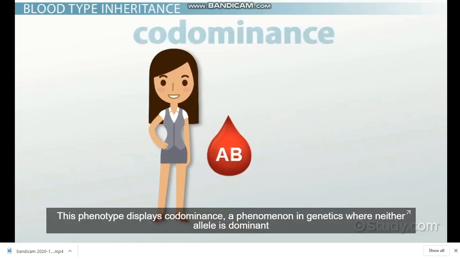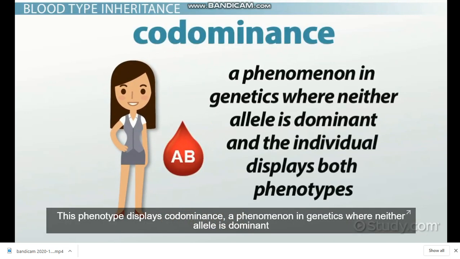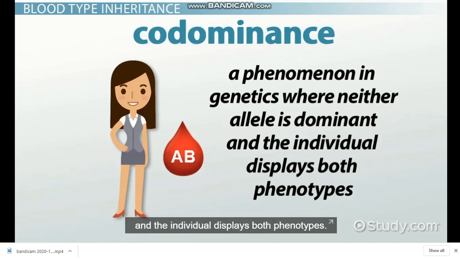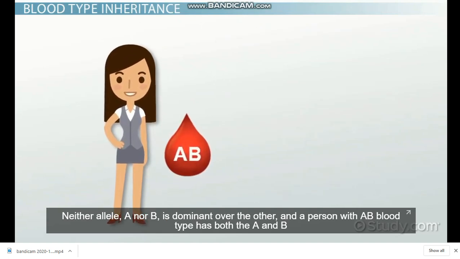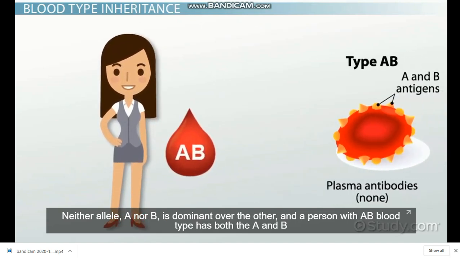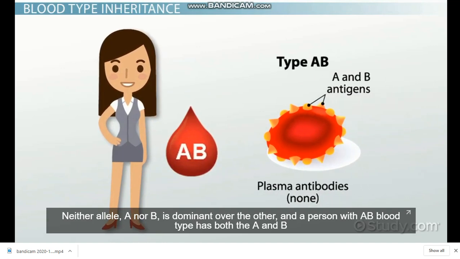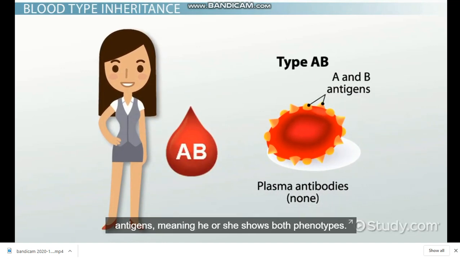This phenotype displays codominance, a phenomenon in genetics where neither allele is dominant and the individual displays both phenotypes. Neither allele, A nor B, is dominant over the other, and a person with AB blood type has both the A and B antigens, meaning he or she shows both phenotypes.